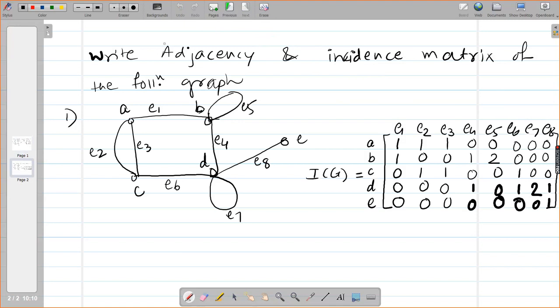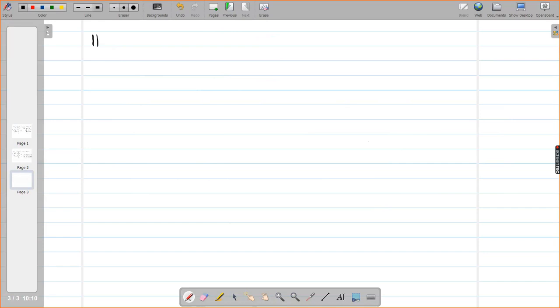Yes. Now let us go to the next point, that is Havel-Hakimi theorem. Okay. So before doing this theorem, I will put one question.